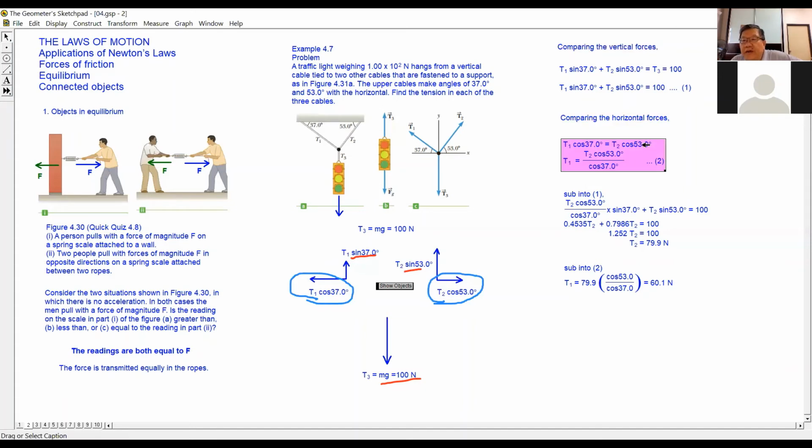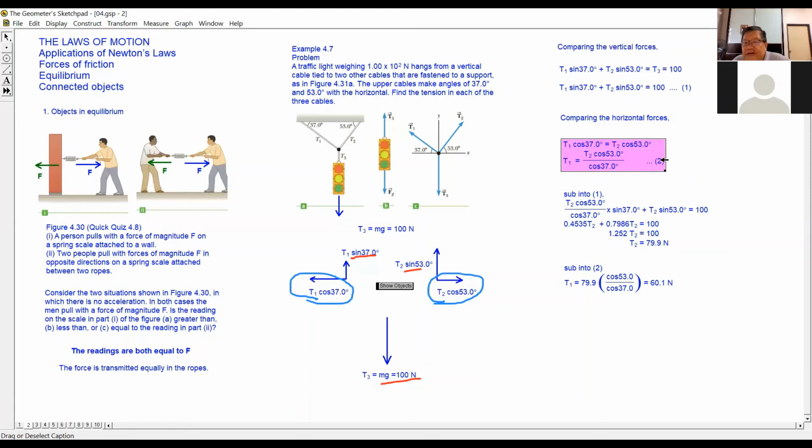Now our aim is to find the tensions T1 and T2. So I try to make T1 the subject of the formula. I move the cos 37 to the other side. So T1 equals T2 cos 53 divided by cos 37.